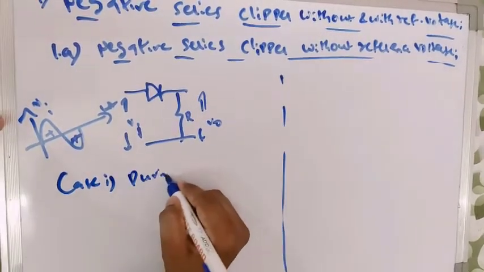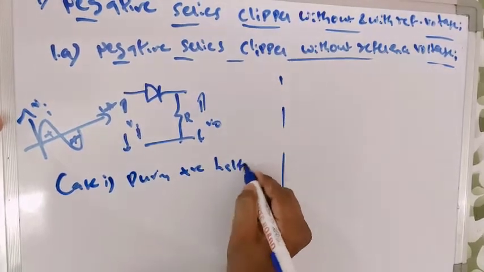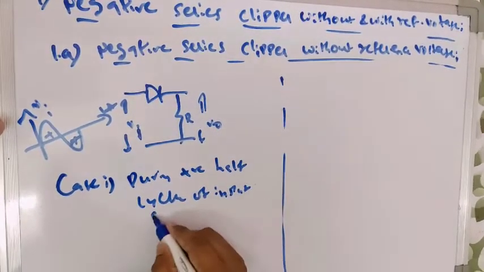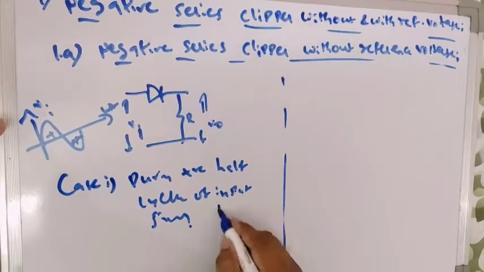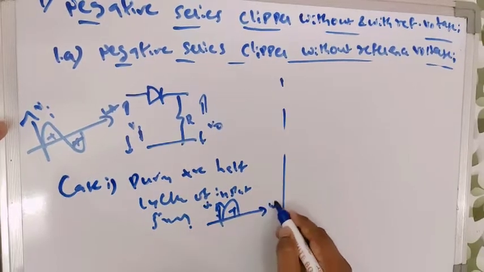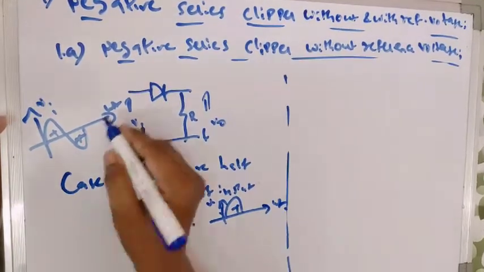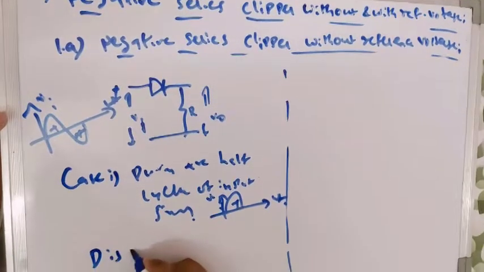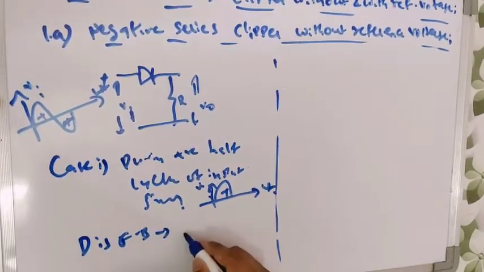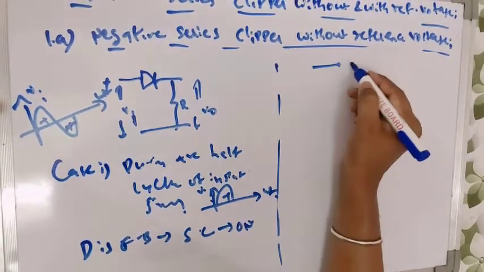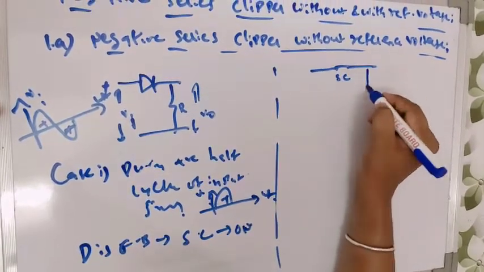Case 1: during the positive half cycle of the input signal. When a positive voltage is given as input, the diode is forward biased. It is considered as a short circuit, an on switch.